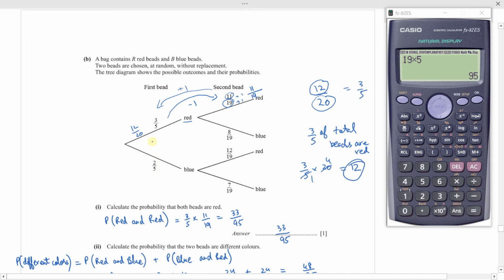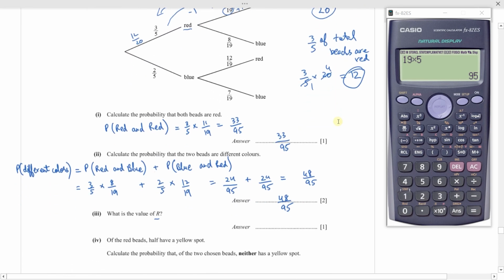So you can use the probability and the total number of beads to get the number of red beads, or you can simply add 1 to both numerator and denominator here. That will give you the total red ones and the actual total number of beads in the bag, both red and blue. So either method is fine. So your value of R here is 12. You have 12 beads in the bag.